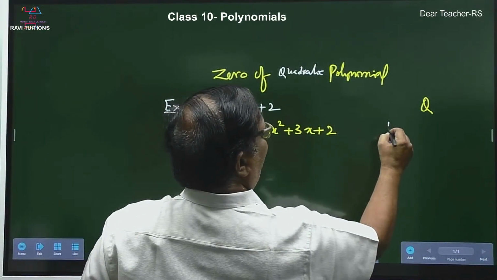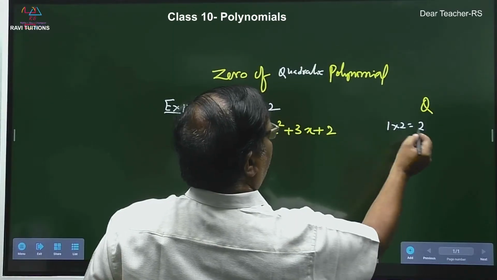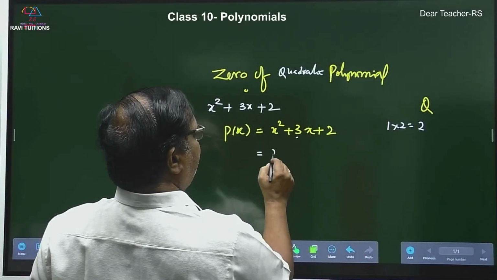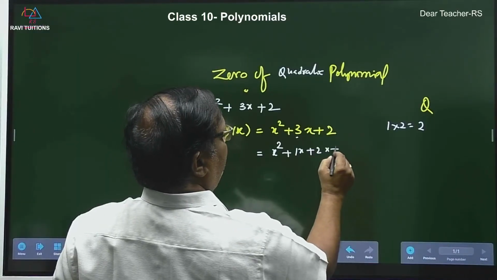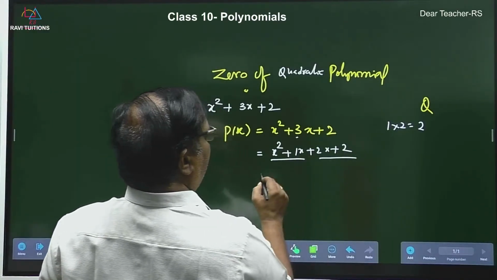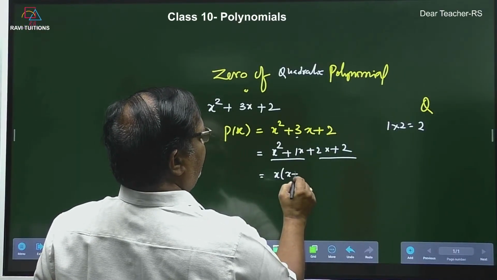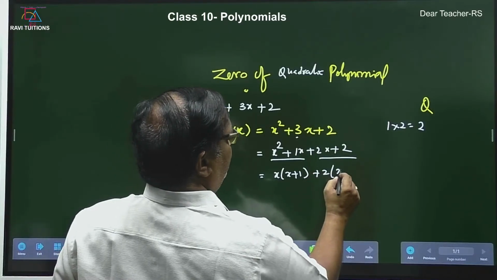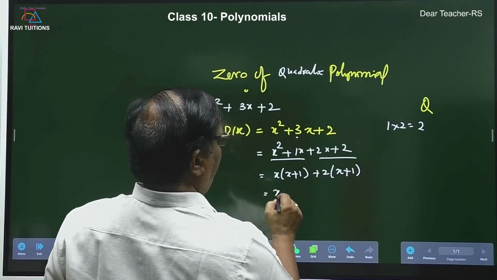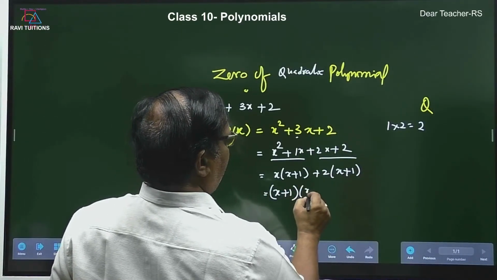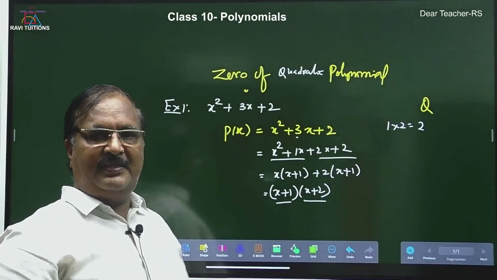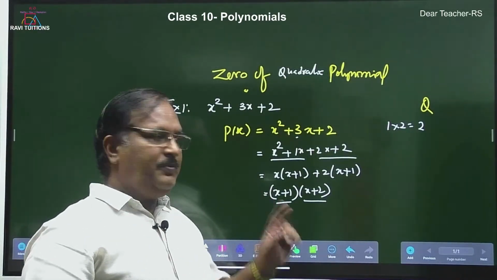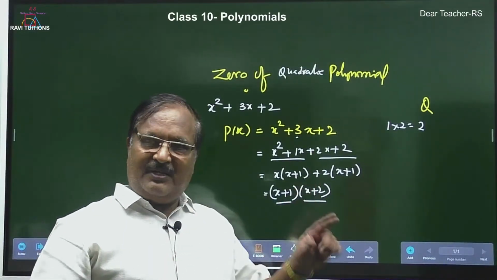So now 1 into 2 is equal to 2, 1 plus 2 is equal to 3. So you have to split up 3x as 1x plus 2x plus 2. First 2 terms, last 2 terms: x into x plus 1 and plus 2 into x plus 1, finally x plus 1 into x plus 2. Now we have got two linear polynomials. x plus 1 is one linear polynomial, x plus 2 is one more linear polynomial.